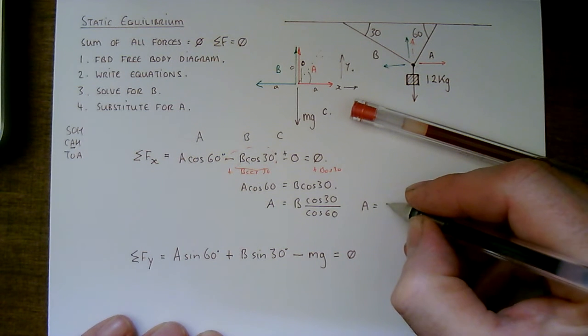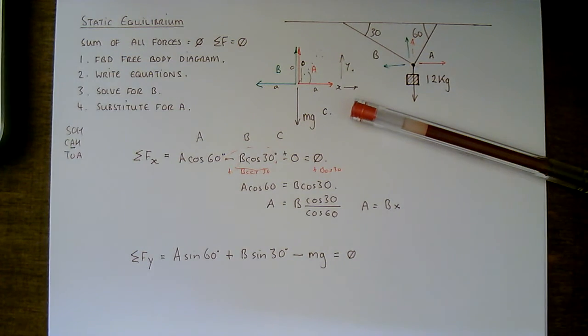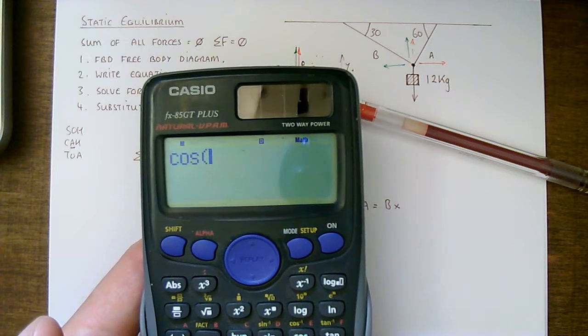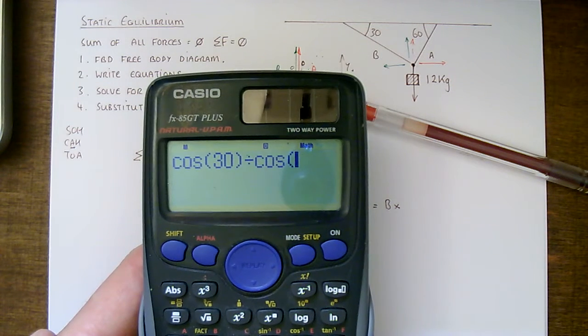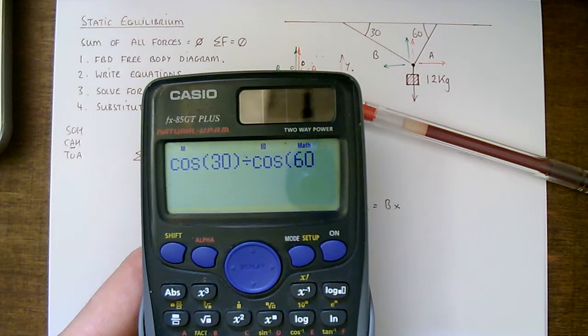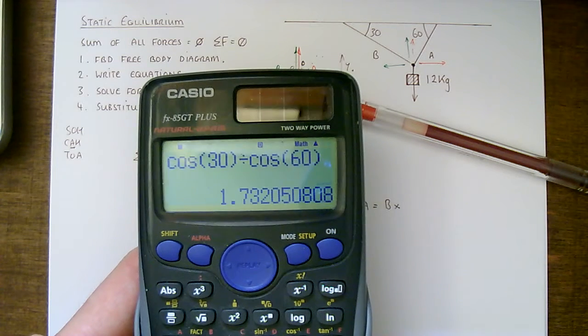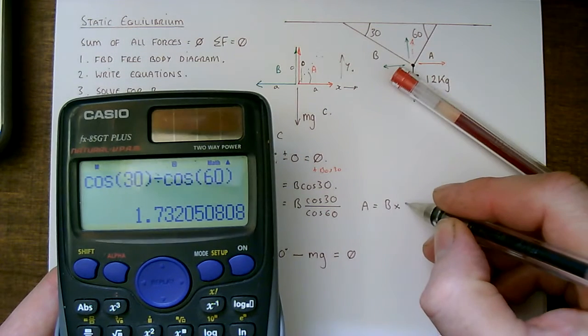We've got A is equal to B times something, and we can get a calculator and do cos 30 divided by cos 60, and that gives us root 3, which is 1.732.